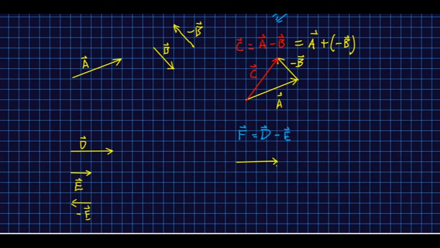So I put the tail of negative e where the head of d is. So let me just label those. This is d, and this is negative e. And so f, which is d minus e, goes from where we started to where we finished up.